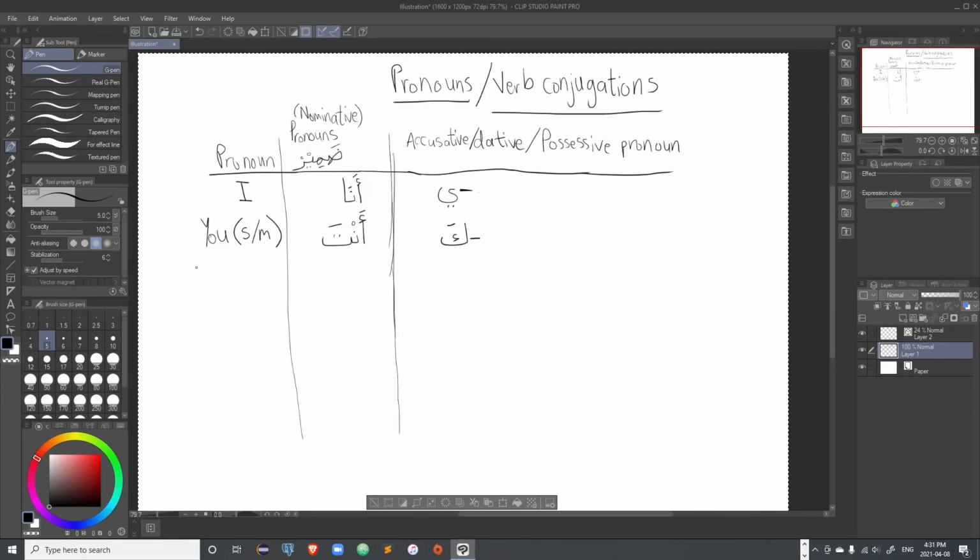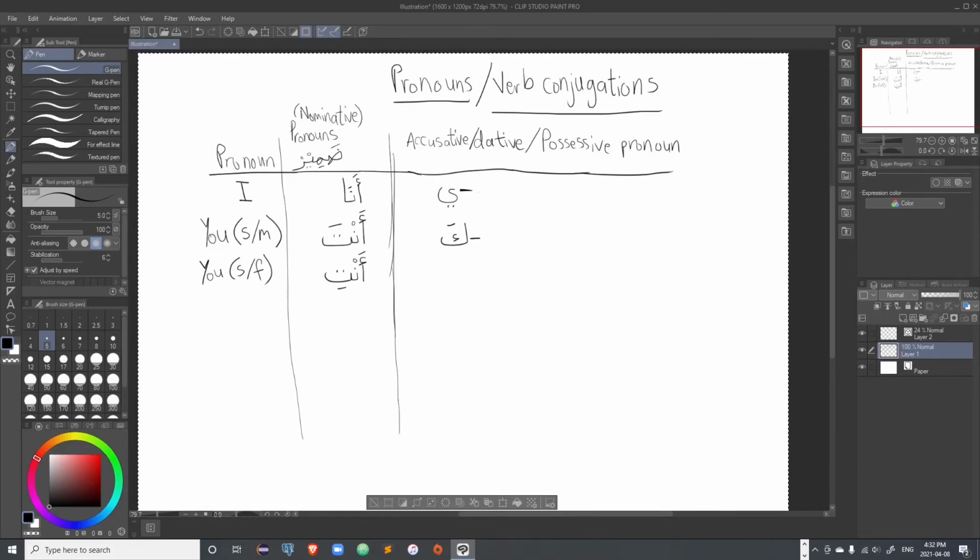Then we have you, singular, feminine. It is exactly the same as this word, with the only difference being the diacritic. Instead of anta, if I am speaking to a woman, I would say anti. Exactly the same as singular masculine, except with the diacritic.